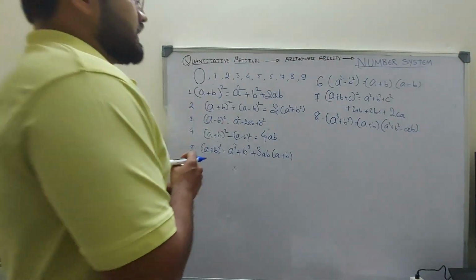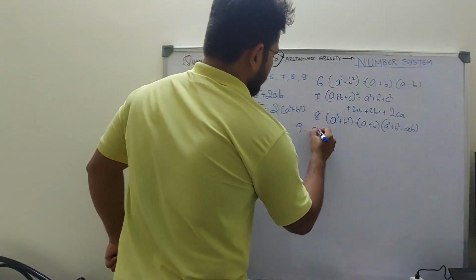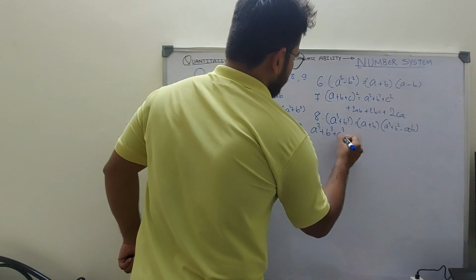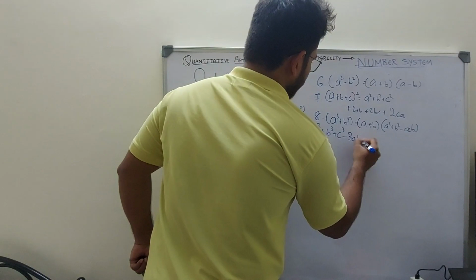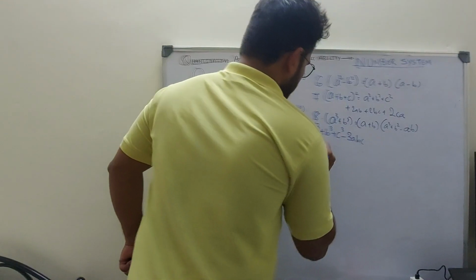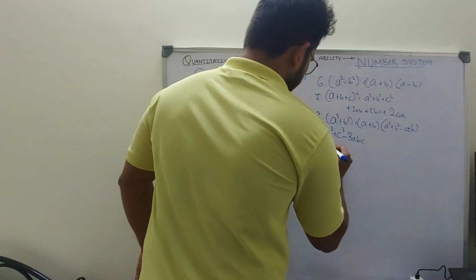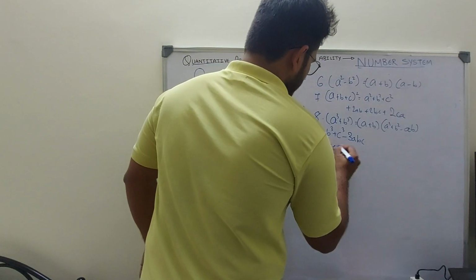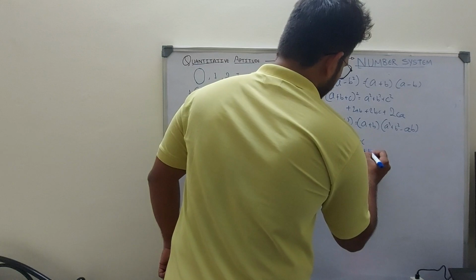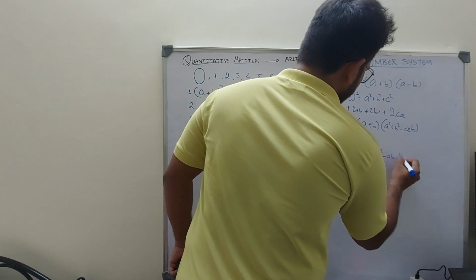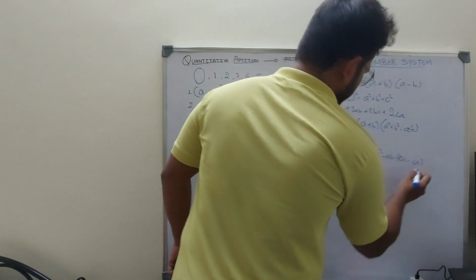One more formula is a cube plus b cube plus c cube minus 3abc. This formula will give (a plus b plus c) into (a square plus b square plus c square minus ab minus bc minus ca).